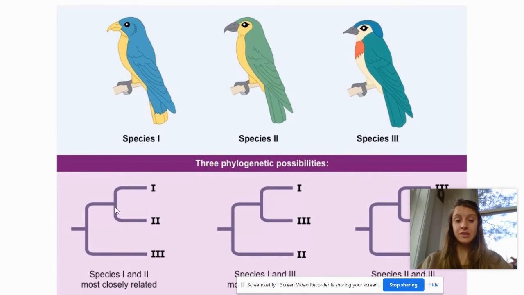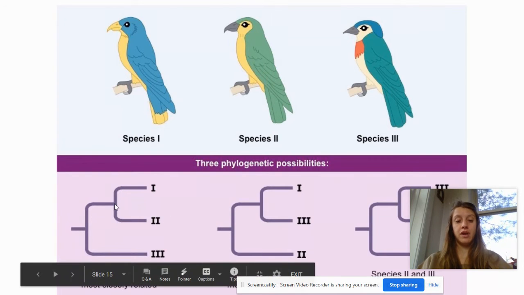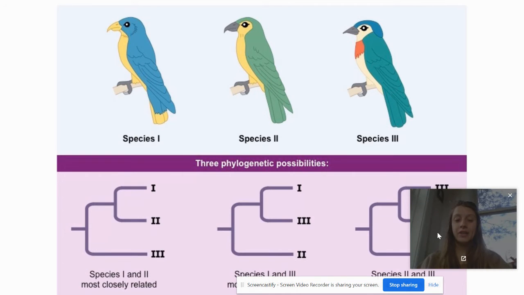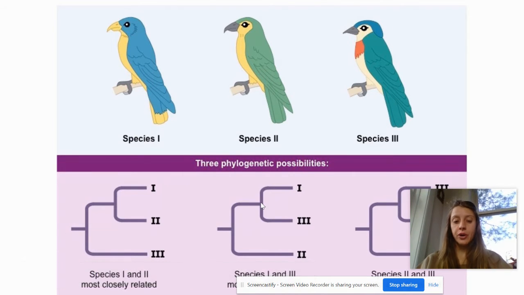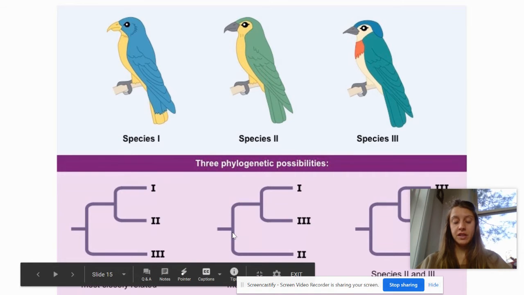This is the only node that's separating them, versus between 2 and 3, they're separated by this node and this node. On this cladogram, 1 and 3 are the most closely related. And on this cladogram, which you can't see because of my camera, 3 and 2 are the most closely related. So if there are fewer nodes in between species, the more closely related they are.